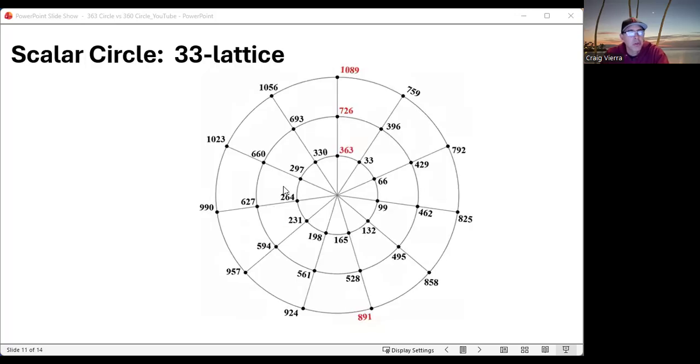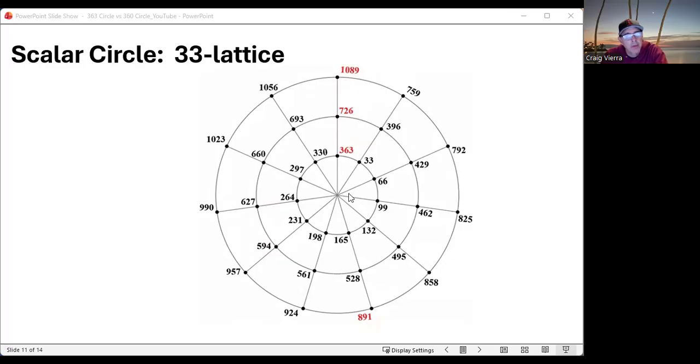Okay, so here's our 33 scalar lattice that I have been presenting. Now if we want to look at why this is considered a kind of phase lattice, it's because we have the circle here. I've drawn the first inner circle. I have 3 concentric circles here, and I'm going to focus on the inner circle.